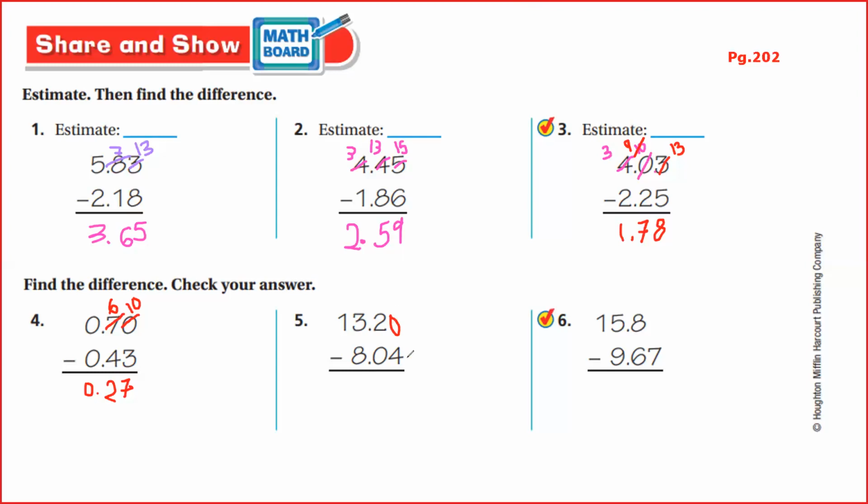The next. 0 minus 4, can I? No, so take 1 from the 2. It will be 1 and the 0 is going to be 10. Bravo. Then 10 minus 4 is 6. 1 minus 0 is 1. And then 3 minus 8.